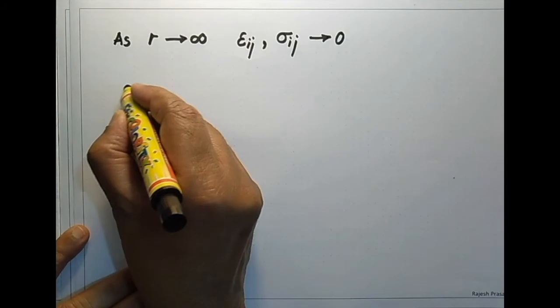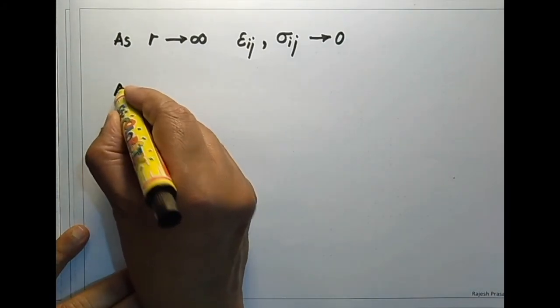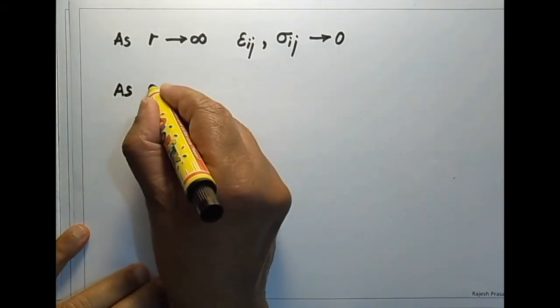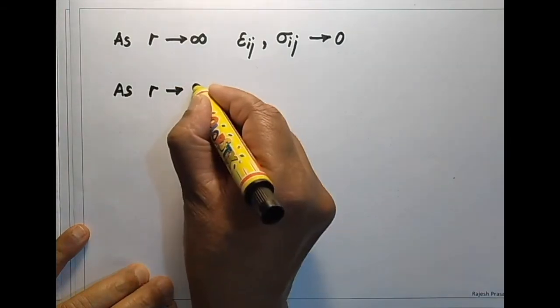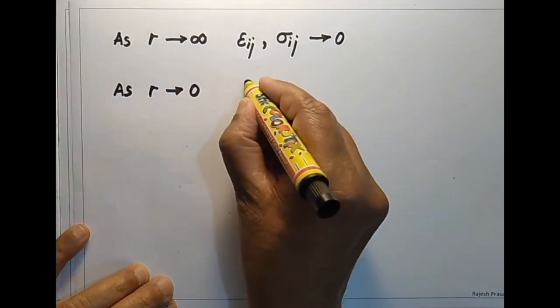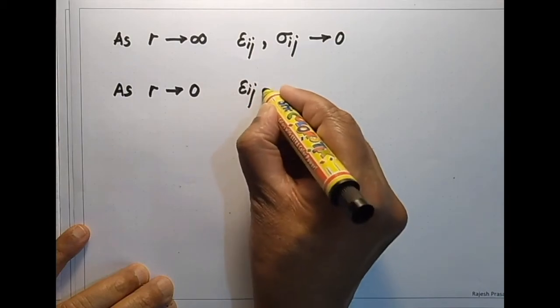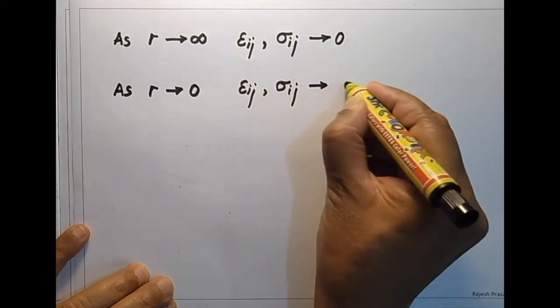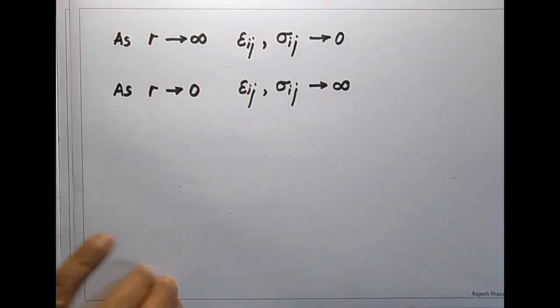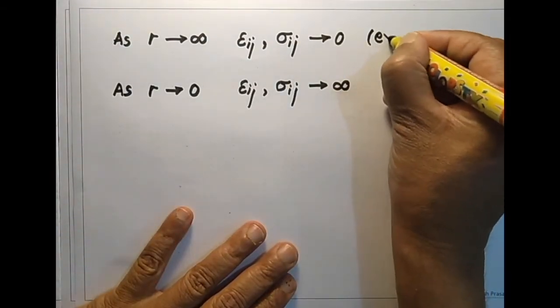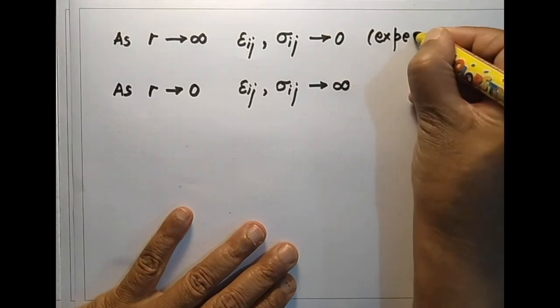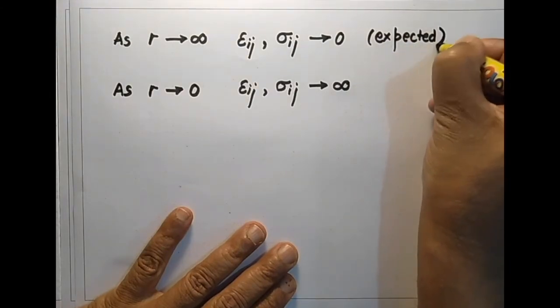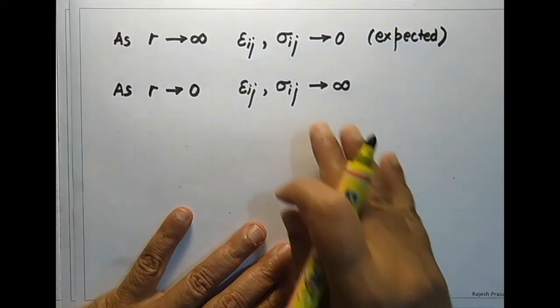But on the other end, we have this uncomfortable result that as r tends to 0, both the strain and stress components tend to infinity. So this was expected, but this is an unexpected result and is an unphysical result.